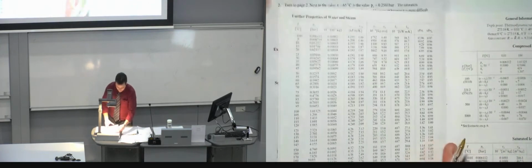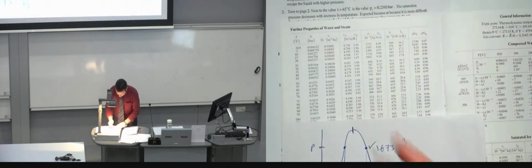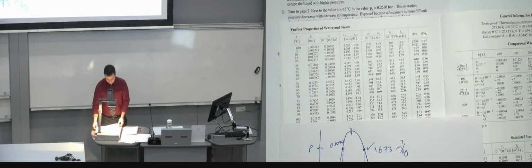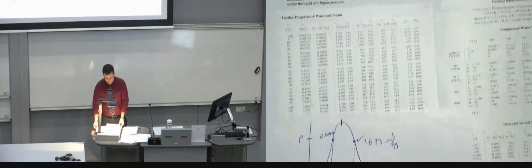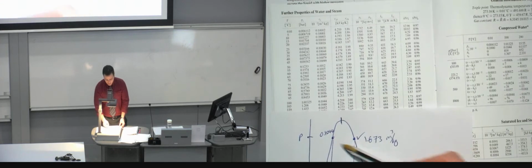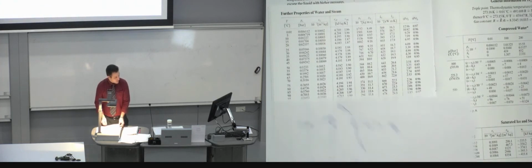Let me just put that on this. So we found that to be 0.1044. It makes sense because it's much smaller than Vg, which is what you expect on this diagram.